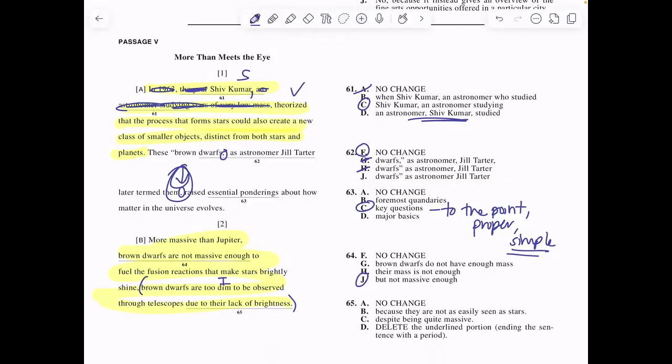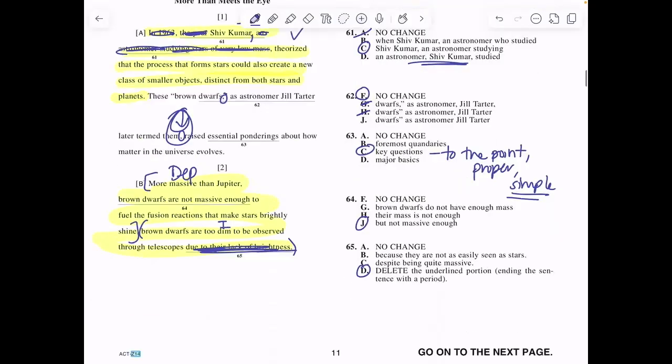I'm going to go A for 65. Sorry, D, delete. I'm on a roll here. If something is dim, it's because it isn't bright. So that actually helps me feel a little bit better about J, that the sentence is not as long, but this whole thing was dependent. So reminder to ourselves, including me, read the full sentence.